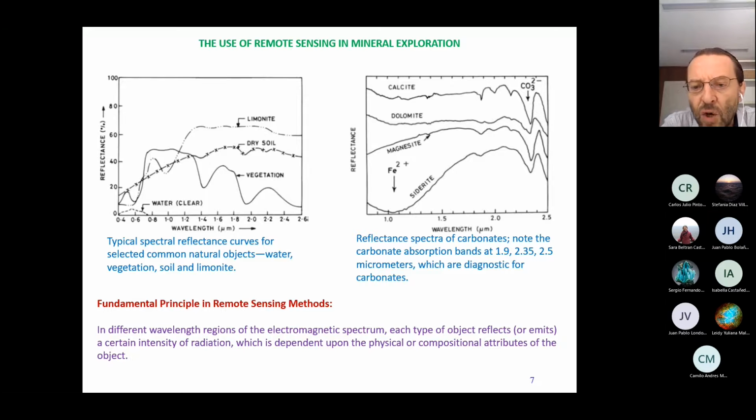So we can take advantage of the absorption bands, where we get less reflected radiation if the material contains a lot of this mineral. That's the idea used in mineral exploration: we try to map the distribution of different minerals, and we can link them to something associated with certain mineral deposits.